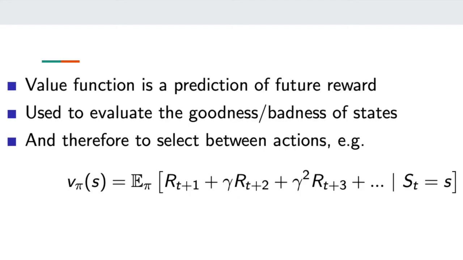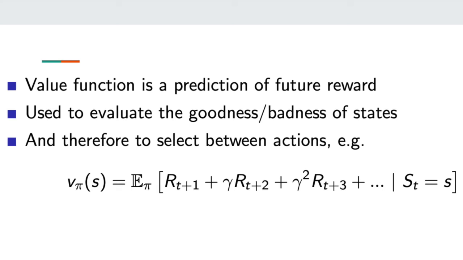Okay, so now that we discussed the policy, we can also discuss something called the value function. So the value function is basically, given a state, you predict what the cumulative future reward will be. And so given this value function, it basically tells you how good is the state that you are currently in.